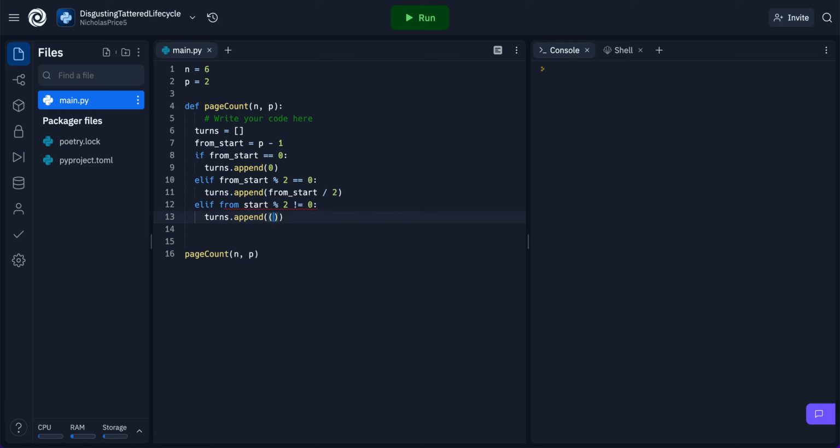We're going to first take from start and add 1 to it to treat it as if it's the page to the right of it. Let's get our underscore in there. And then that number we'll divide by 2. Underscore is missing there as well.